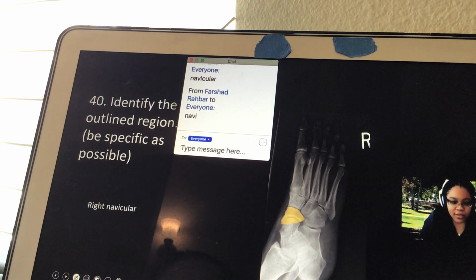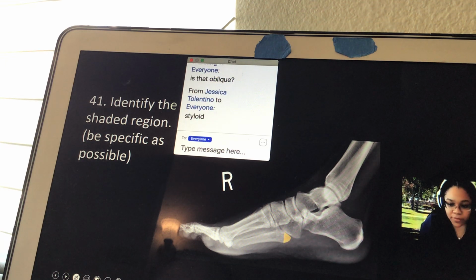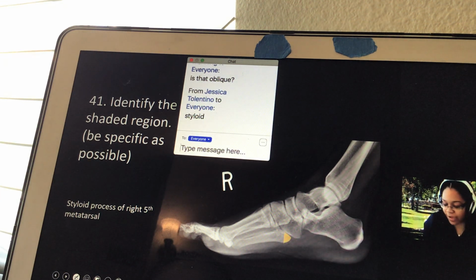Got it correct. That's our navicular. Good. So another styloid process at the fifth metatarsal. We had a fibular styloid process, fifth styloid process, radial and ulnar styloid processes.